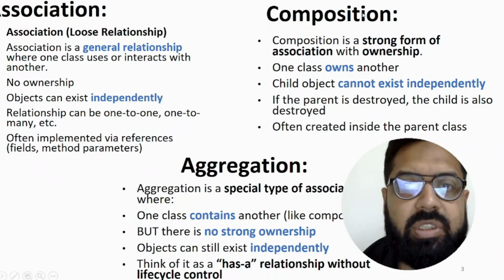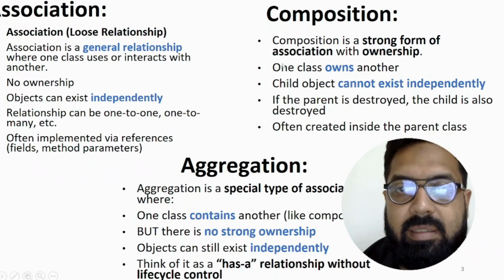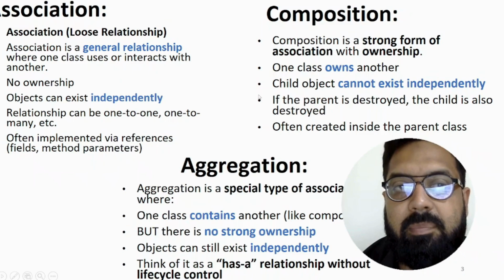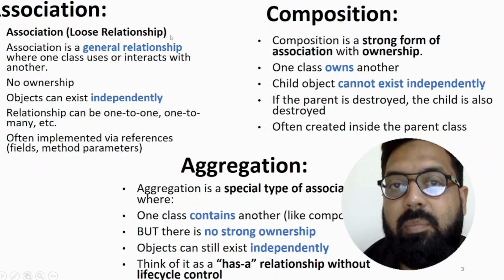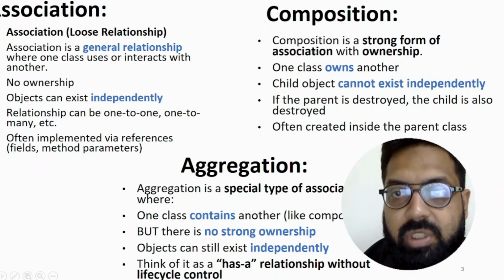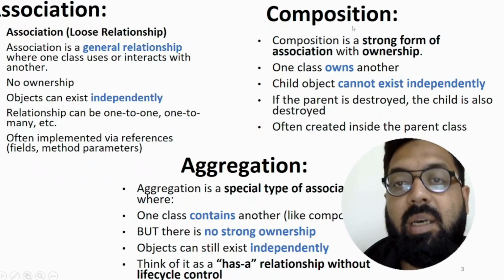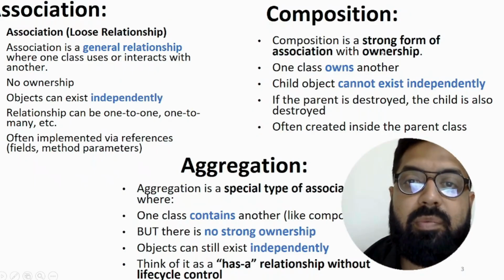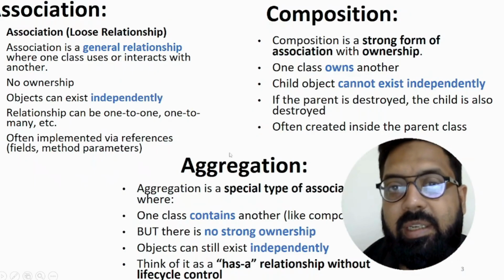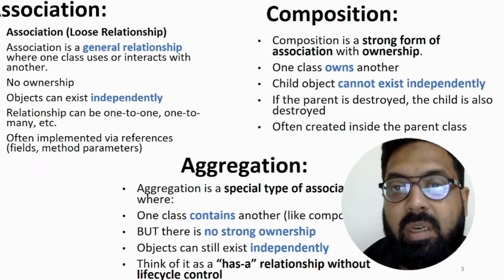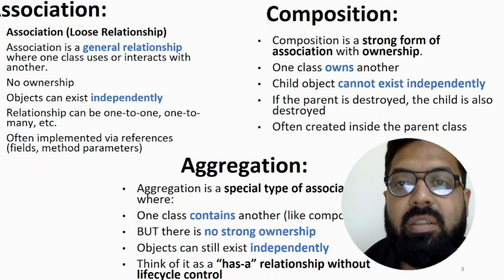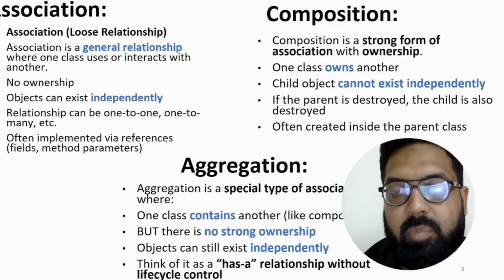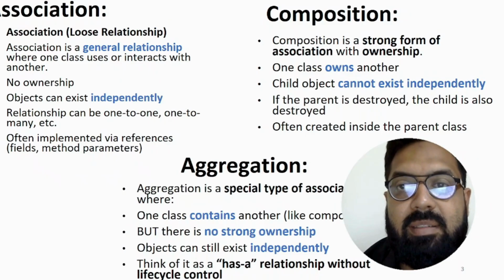Now the third relationship is composition, and there is a difference between aggregation and composition, and between association and composition. The major difference is that composition is a strong type of relationship, while association and aggregation are weak types of relationship. For example, if we delete one class in composition, we can see that the other class is also deleted.